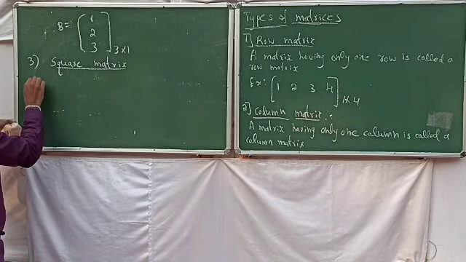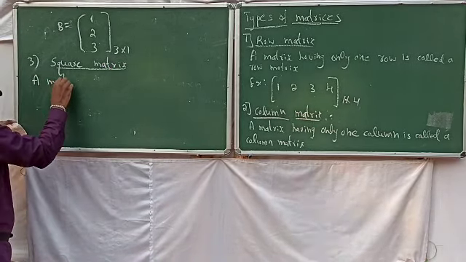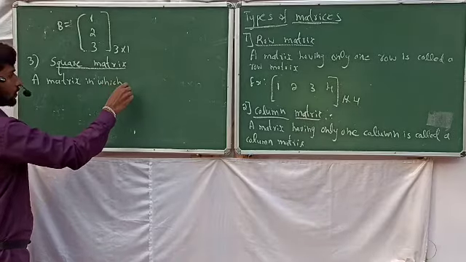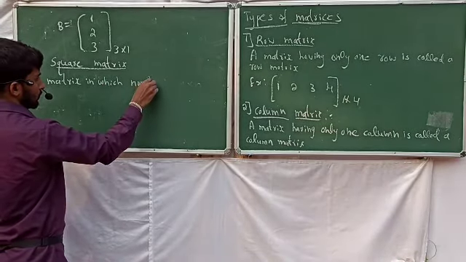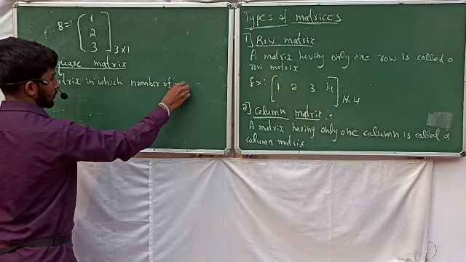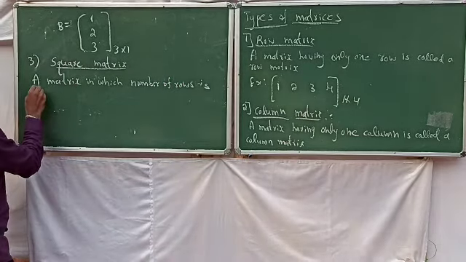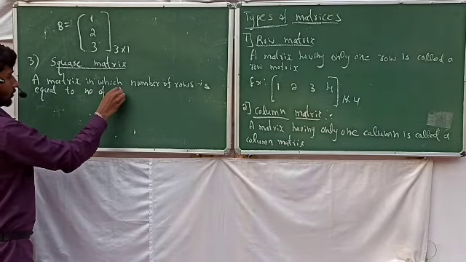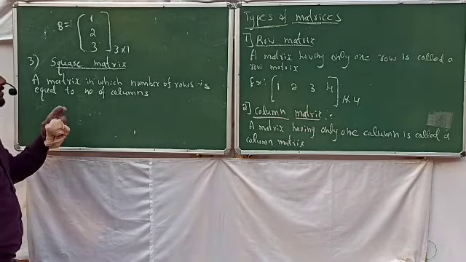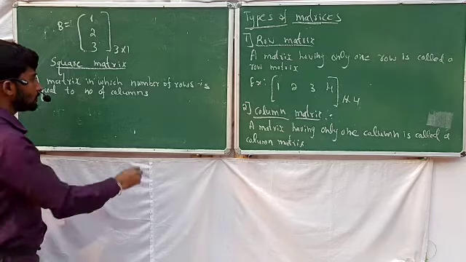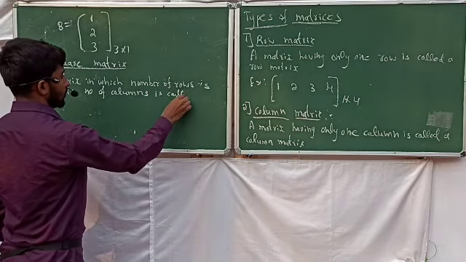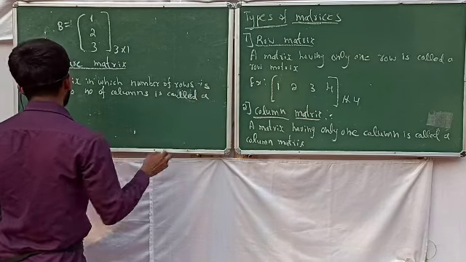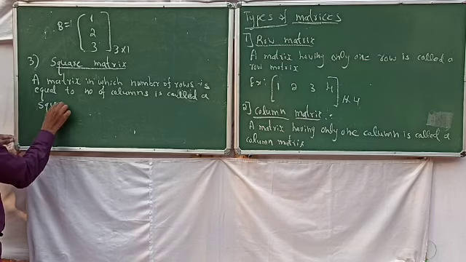Definition says a matrix in which the number of rows is equal to the number of columns is called a square matrix.